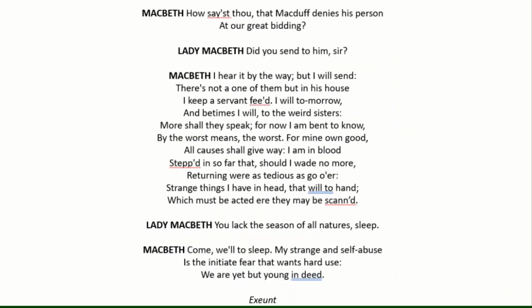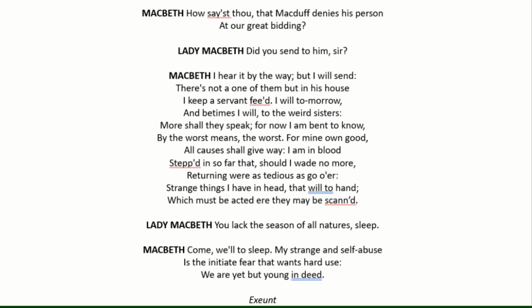How sayest thou that Macduff denies his person at our great bidding? Did you send to him, sir? I hear it by the way, but I will send. There's not a one of them but in his house I keep a servant feed. I will tomorrow, and betimes I will to the weird sisters. More shall they speak, for now I am bent to know by the worst means the worst. For mine own good all causes shall give way.